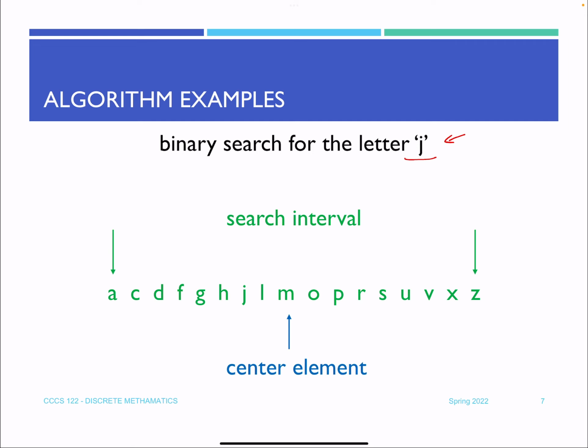And so what we do is we jump to the center element, over here being this element M. It's in the middle, between the start and end, in the middle of this interval. And we check, is M less than or greater than J?